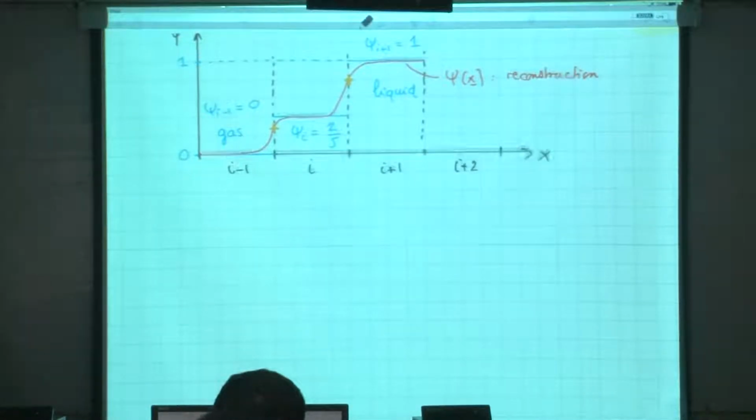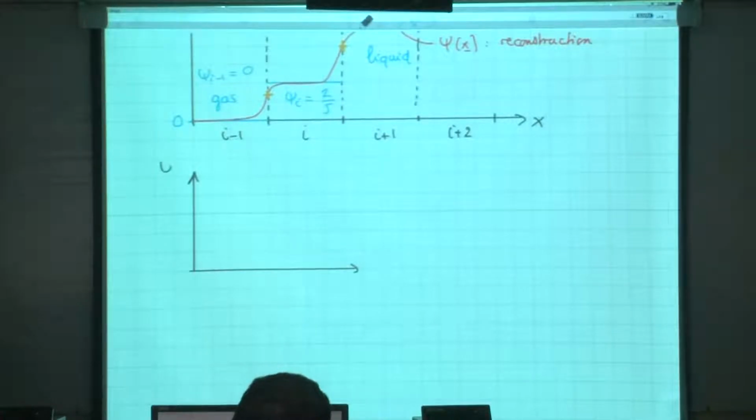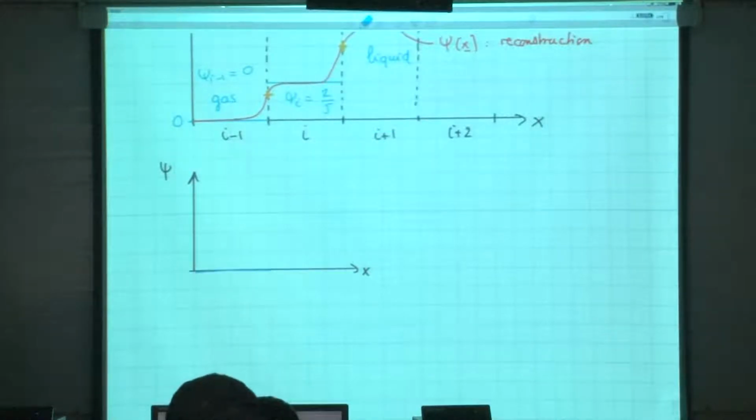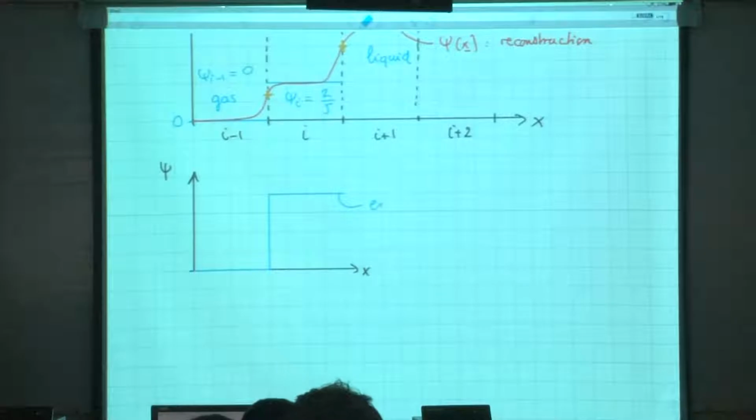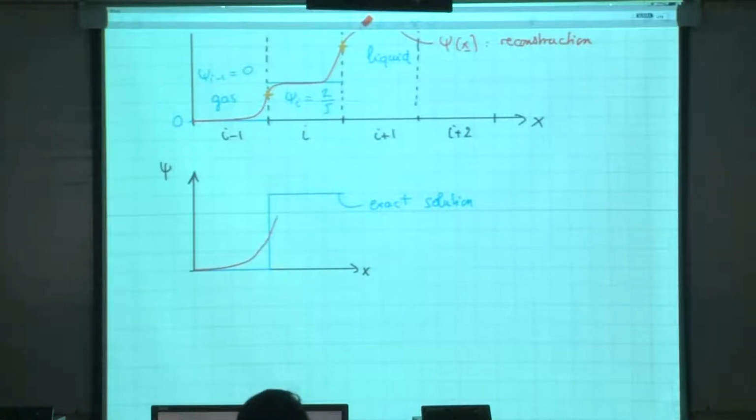Regardless of what you do, the outcome will be the following. If your initial profile of psi of x has an exact solution that is this, so this is your exact solution, it will be unavoidable for your finite volume solution to be smeared out.